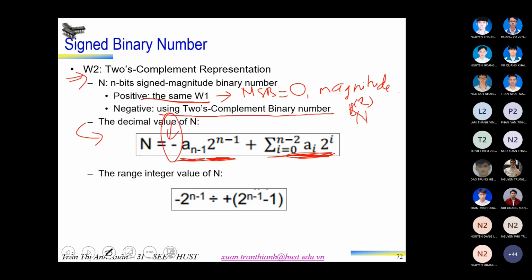We only differ here. Okay, remember this formula. And the integer range of this signed number we see on this graph, in which L is the length of the binary signed number.